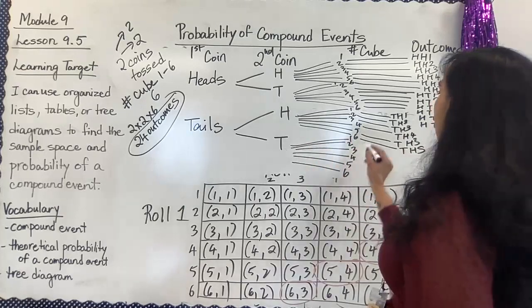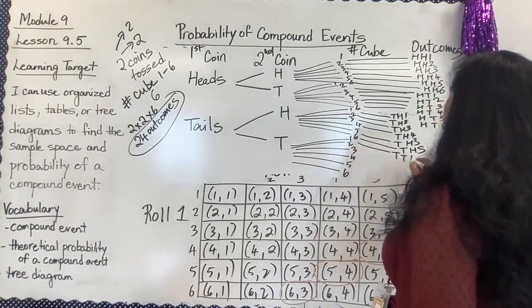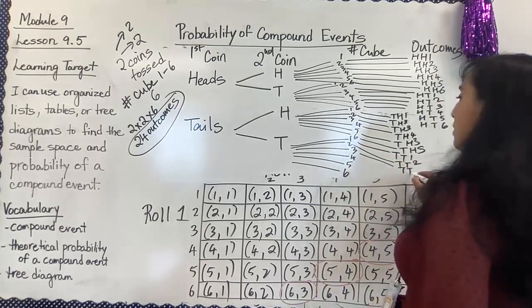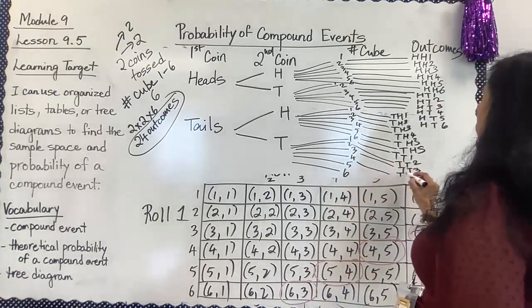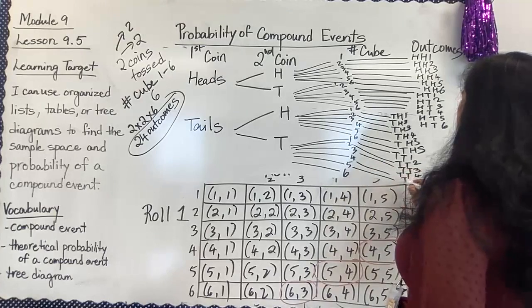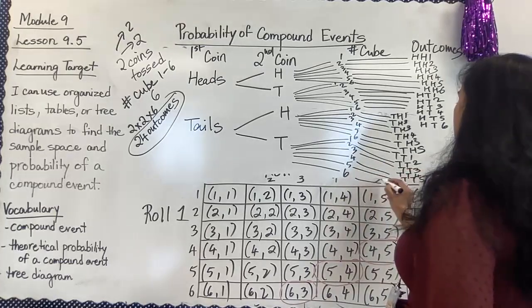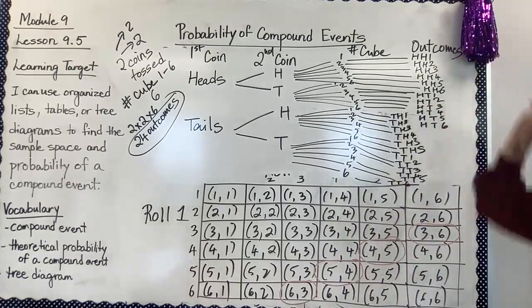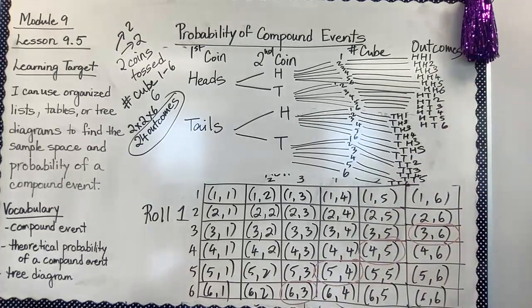And in this one I have tails, tails 1, tails, tails 2, tails, tails 3, tails, tails 4, tails, tails 5, and tails, tails 6. So as we can see, 4 times 6, we already have 24.